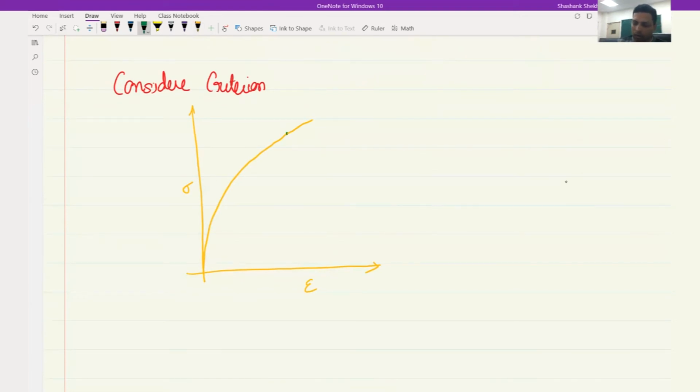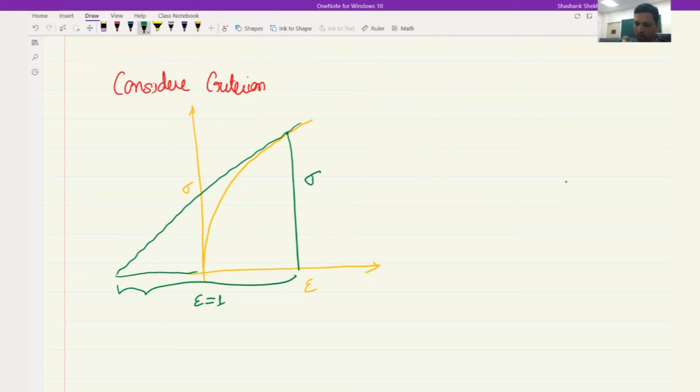And at the point of plastic instability, if you draw the slope, this is your sigma, this is strain equal to 1, and this is the slope d sigma by d epsilon.